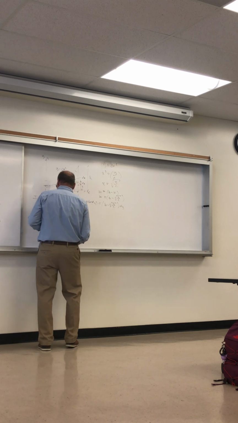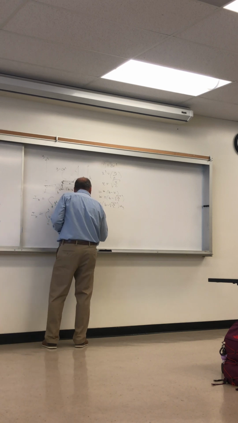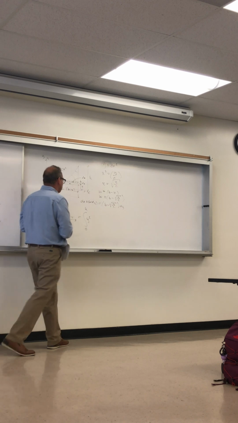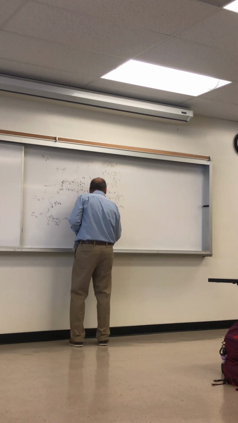Ix is the integral from 0 to h, y squared of W dy, which is bracket B minus the square root of y over c dy.